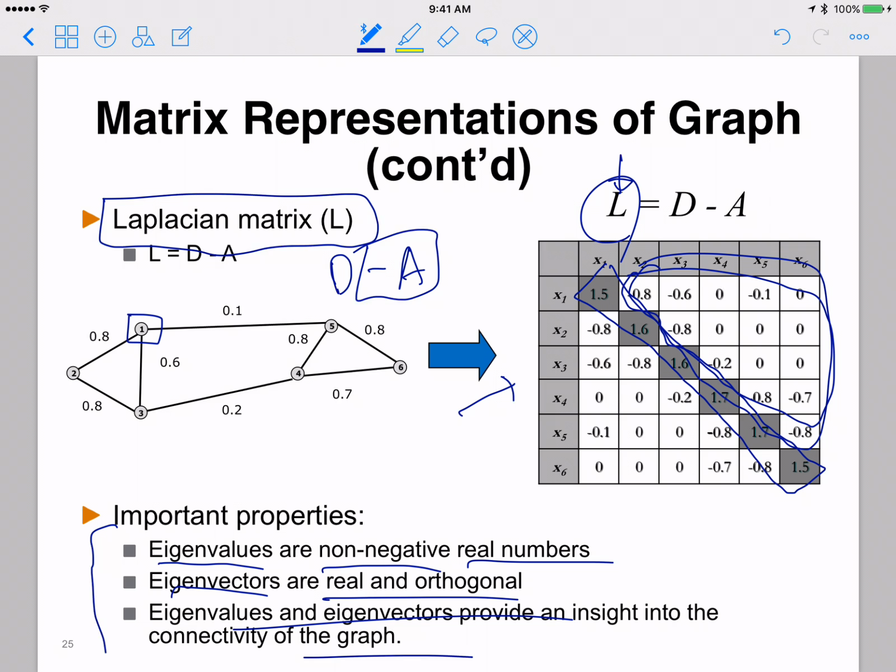When running some algorithm, whether it's clustering or maybe some ranking of the importance of nodes, those high degree nodes that have a lot of edges may influence our algorithm a lot more than those nodes that have very few edges, right?